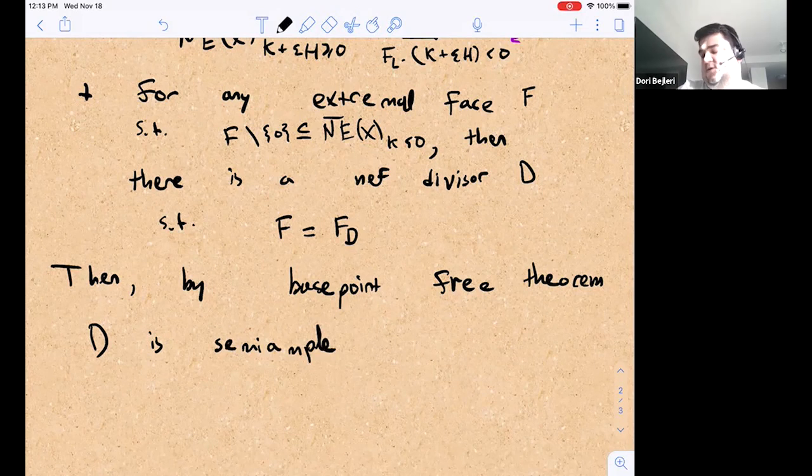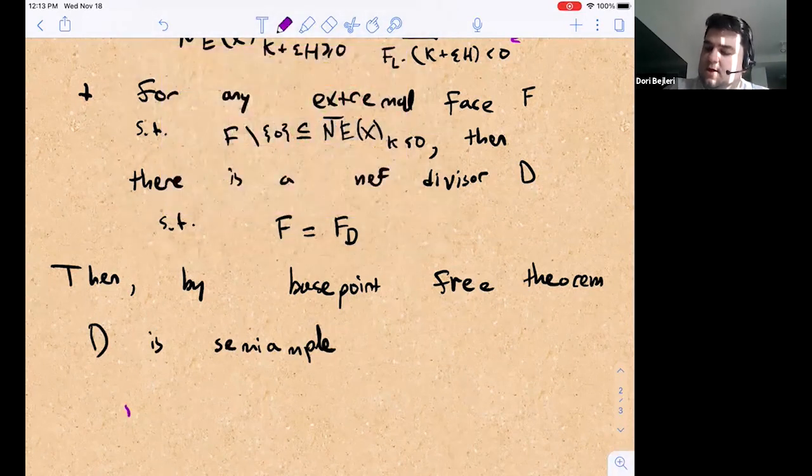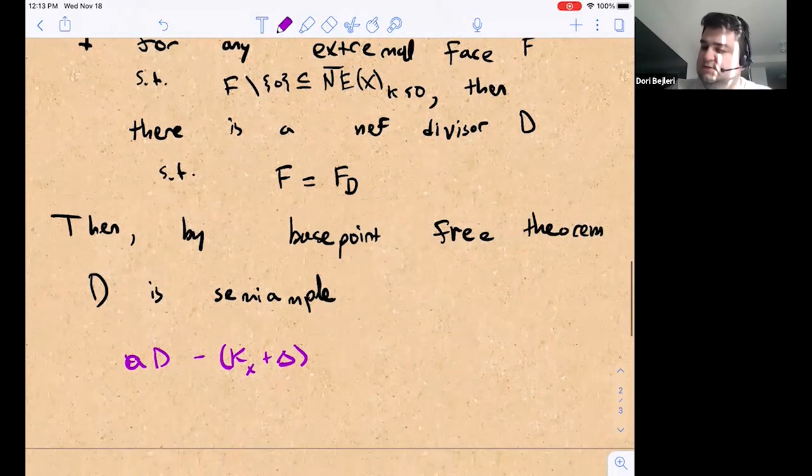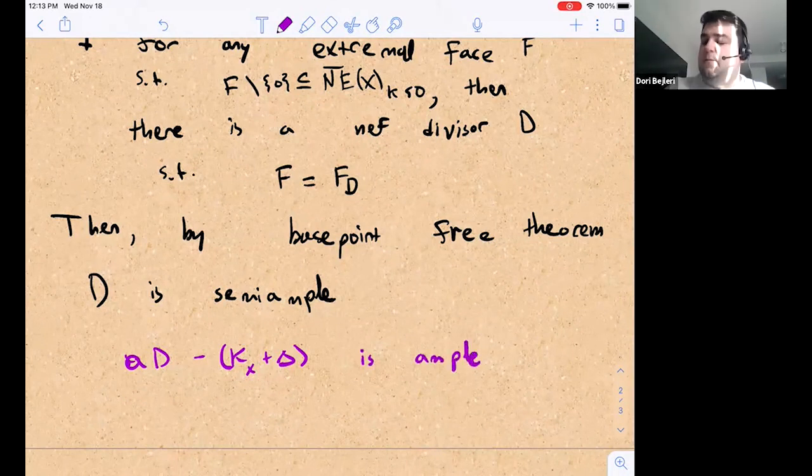Well, we needed to check not only is D nef, but we needed to check that for some A, AD minus (K_X plus delta) is at least big and nef, but really we argued that it's ample, because if you're on this face, well, this face is in the K plus delta strictly negative part.